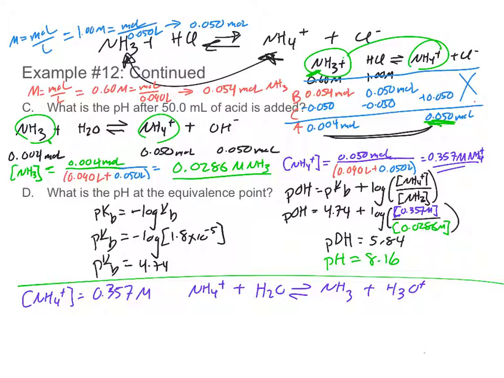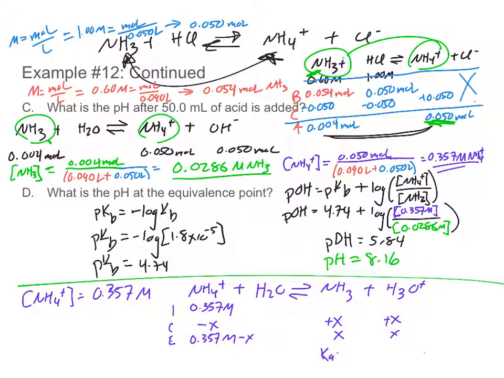So if I take an ICE table and I take the 0.357 molar minus X, plus X, plus X, I get 0.357 molar minus X, X, X. I can then write a Ka expression because we are trying to calculate the pH at the equivalence point. And if you remember, in this particular case, because we've added so much acid, we are now acidic, which is why I wrote the ICE table for the conjugate acid here.